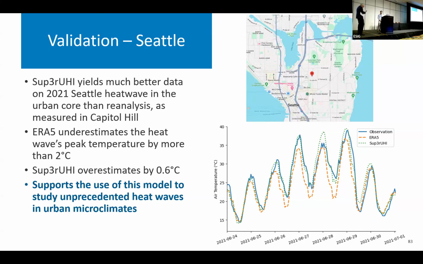That's a great question. So far, we've only demonstrated this for Los Angeles and Seattle as two prototypical dense urban cores. Seattle because of this 2021 heat wave, and Los Angeles because of the albedo modification experiments. We have plenty of satellite observational data for basically anywhere in the world now. The trick is local point measurements of air temperature.